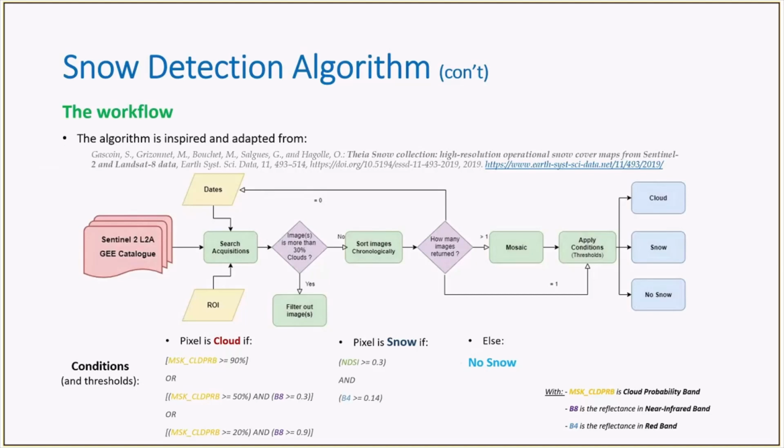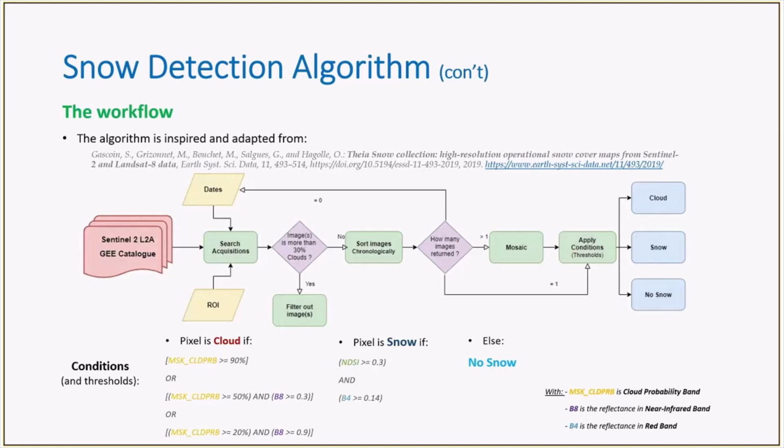So this prepares the images for the next step, in which the tool creates a mosaic of the most recent images available with minimum clouds. Note that the mosaicing step is only performed if the ROI is covering multiple Sentinel-2 tiles. Otherwise, a single image is used.